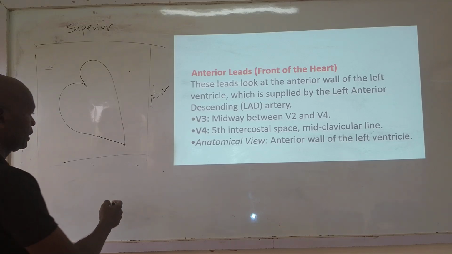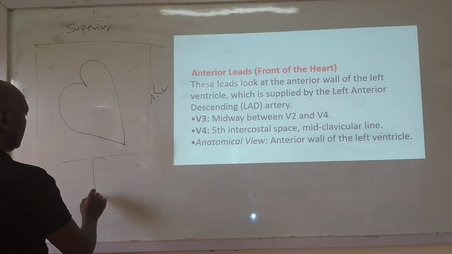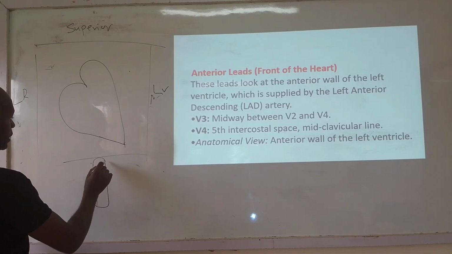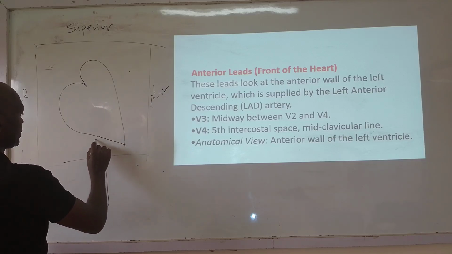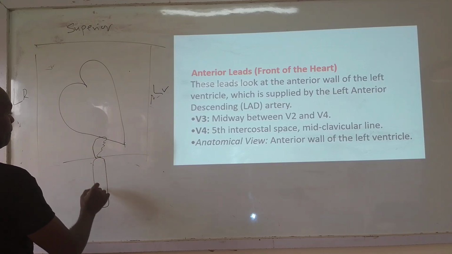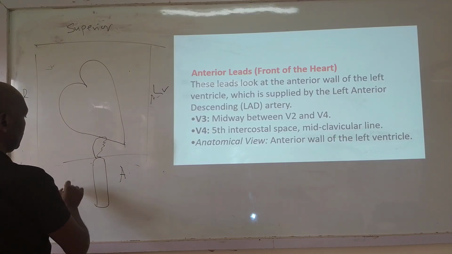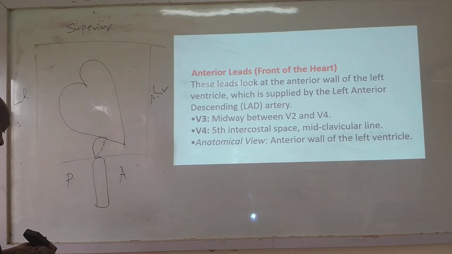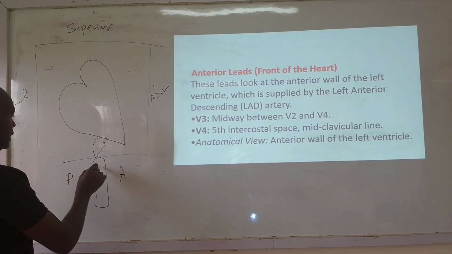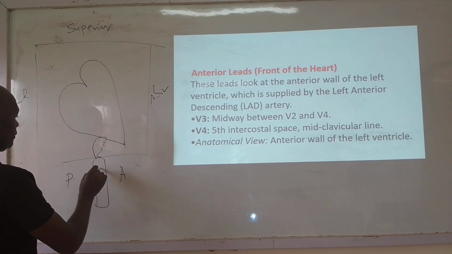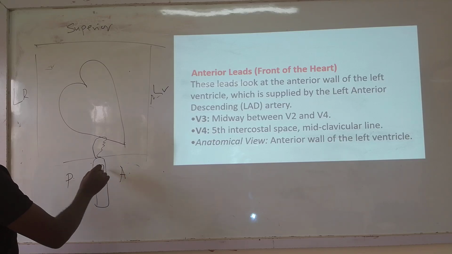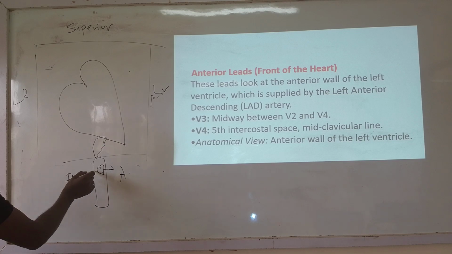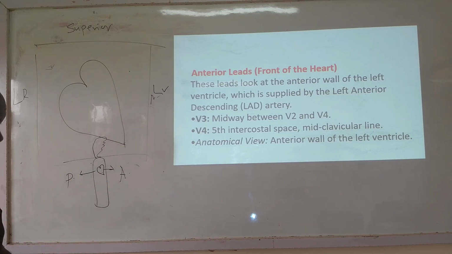If we have something here like this, and let's say this is facing this side, then this is the anterior, while this is the posterior. So if your heart is somewhere here, then this side is the anterior, while this side is the posterior.